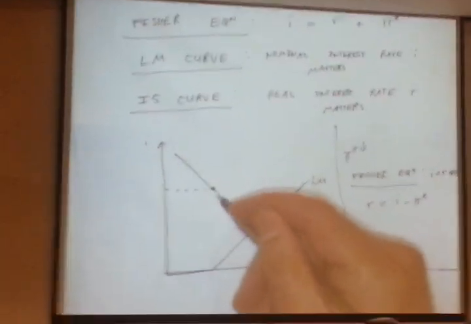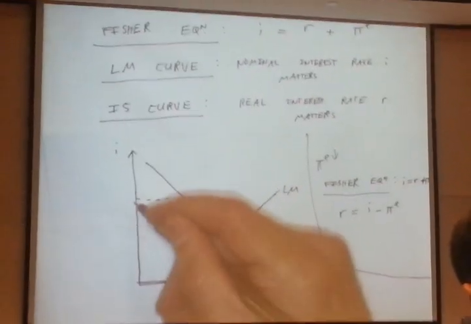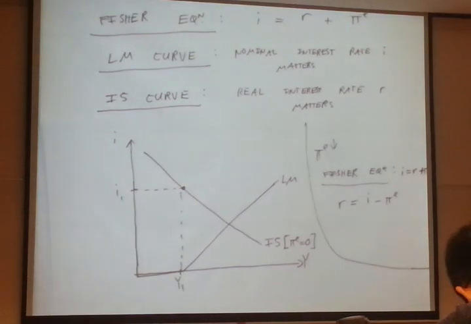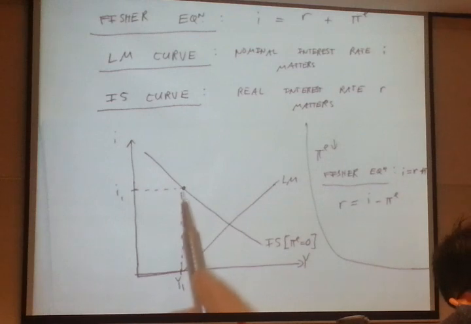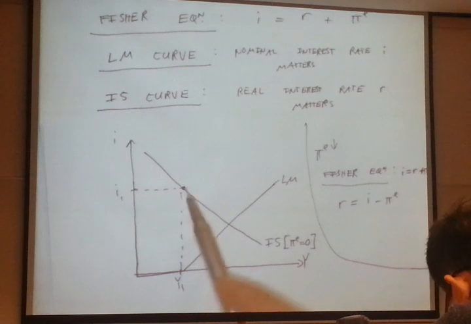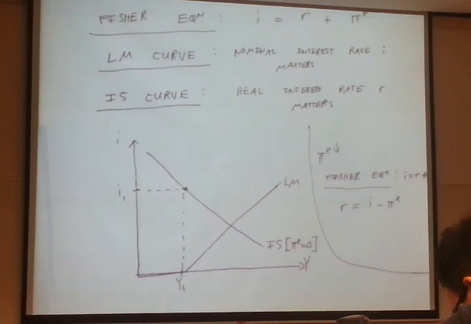So suppose we were at this point here. Nominal interest rate of I1, output of Y1. That's not the equilibrium. That's just a point that's an equilibrium in the goods market, but not an equilibrium in the money market. We can ask, if people start to expect deflation, what's going to happen to demand if it were the case that the nominal interest rate remained at I1?